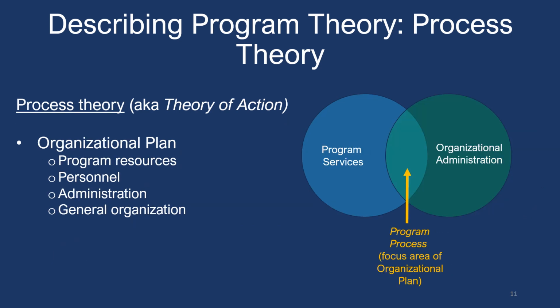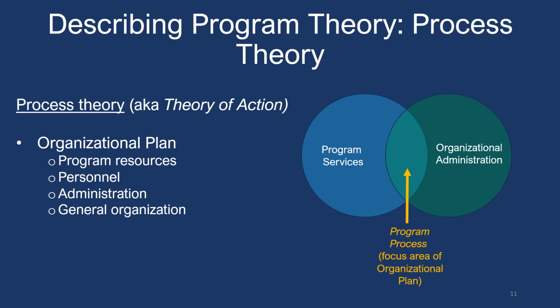The second component of the process theory is called the organizational plan, which relates to the program resources, personnel, administration, and general organization. It runs on a basic if-then process.